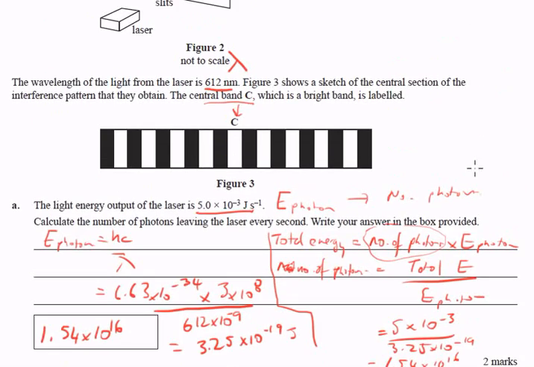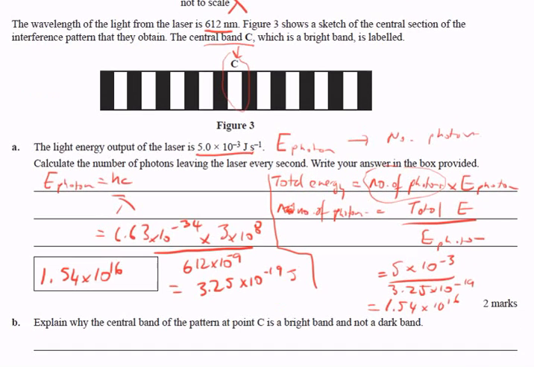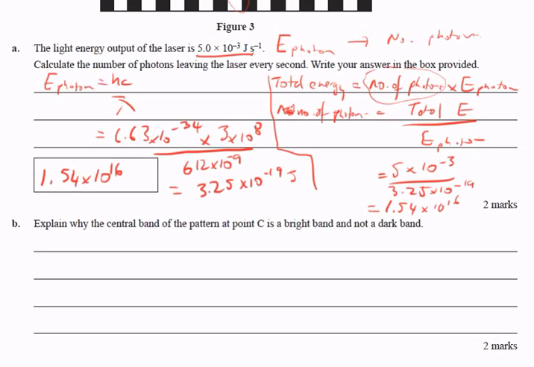Explain why the central band, this band here, is a bright band and not a dark band. Alright, so the path difference to the centre band, the path difference between both those slits, is equal to 0.